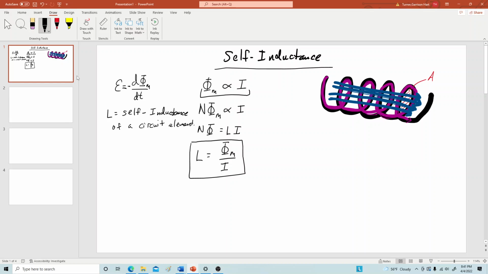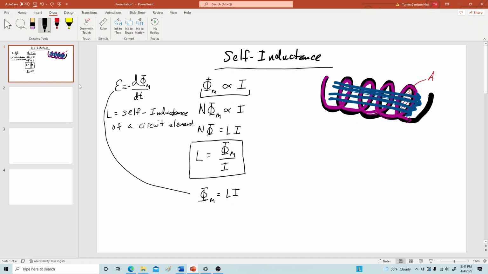Now, if I put this back into this form, again, I'm just assuming one turn here, where the flux now is going to be equal to Li.